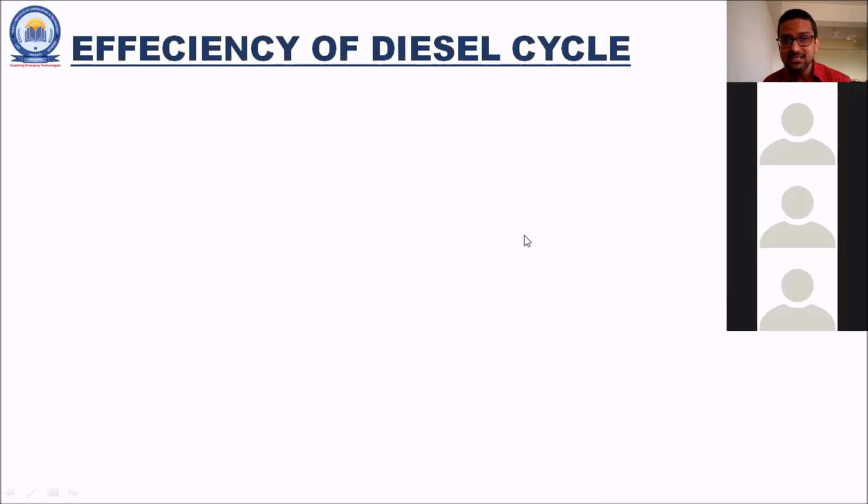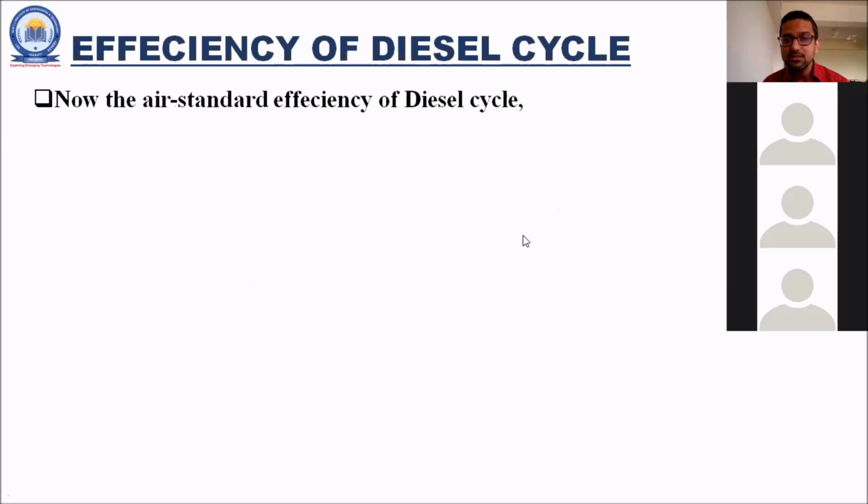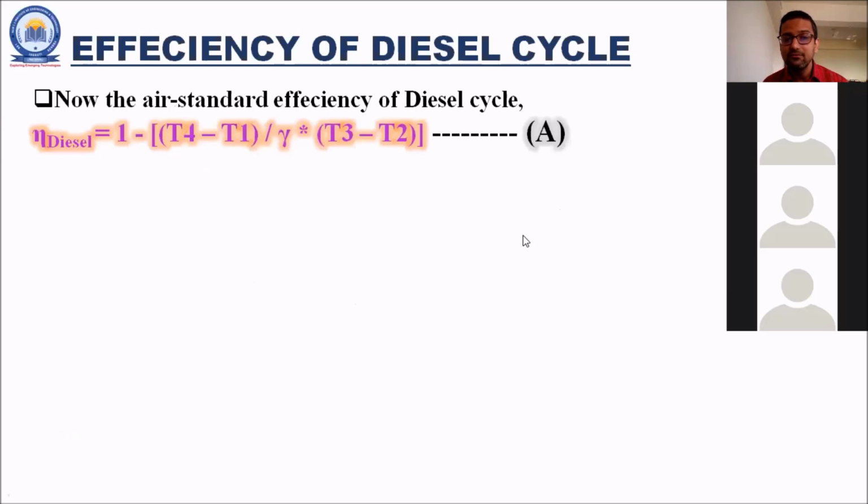So now the last step of the derivation. Now the air standard efficiency of the diesel cycle. We have already written this equation. Eta diesel is equal to 1 minus (T4 minus T1) divided by gamma (T3 minus T2).